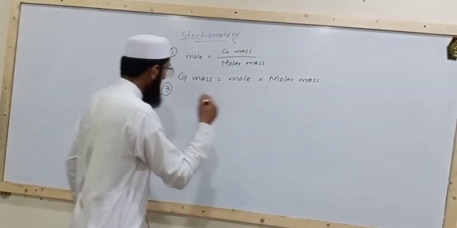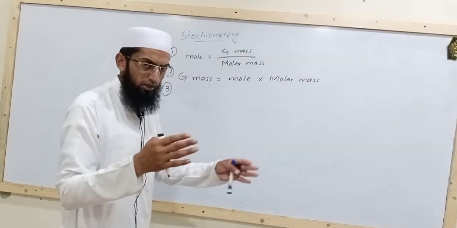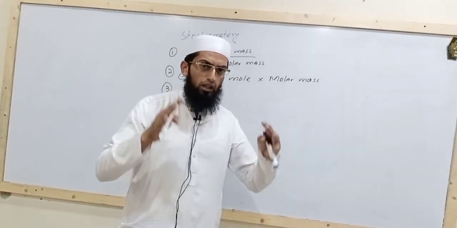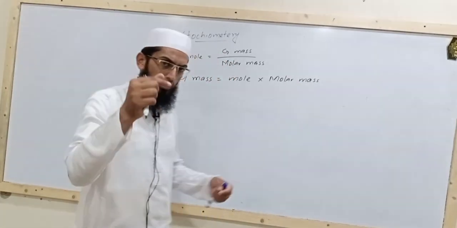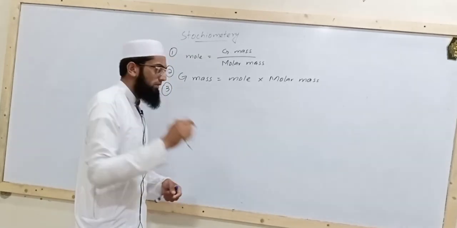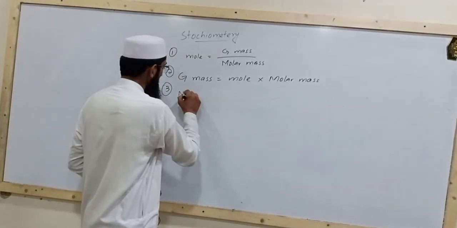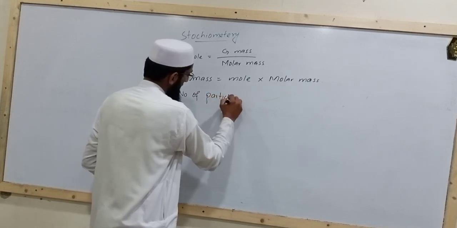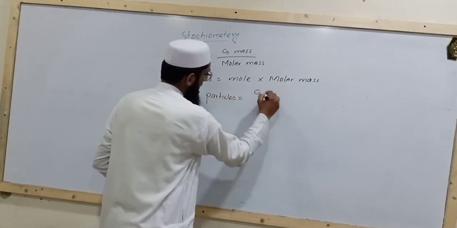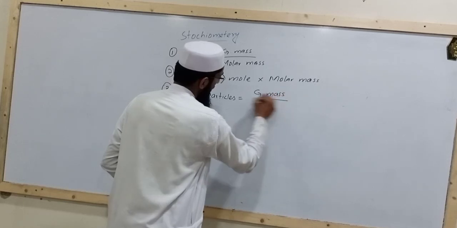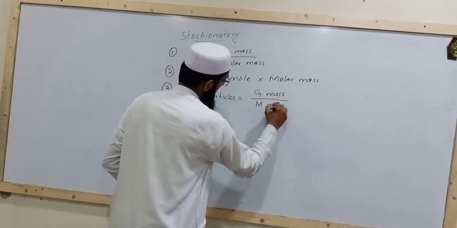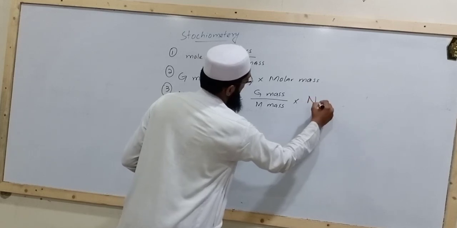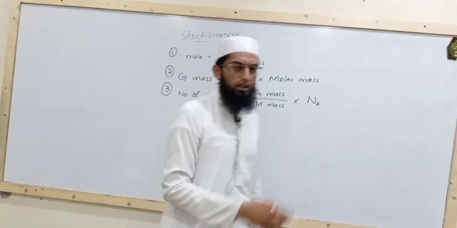I am going to summarize number of molecules, atoms and ions into one word: particle. Number of particles is equal to given mass over molar mass, multiplied by Avogadro's number, meaning 6.02 multiplied by 10 raised to 23.